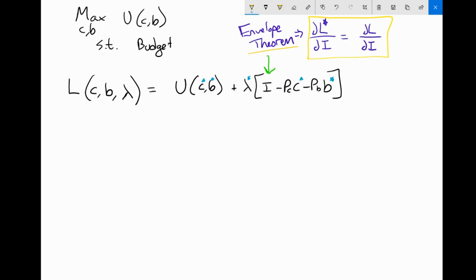So this lambda, what I've just shown you is that if I wanted to know how an increase in income affects optimal utility.